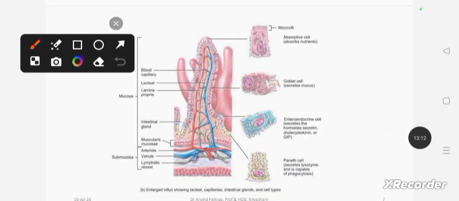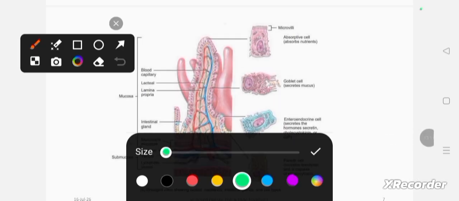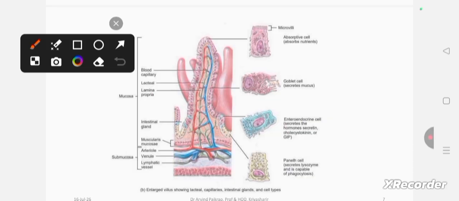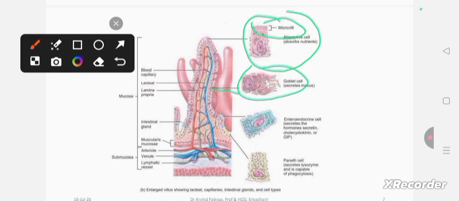Somewhat of a histological part here. These are the villi. One cell over there is the absorptive cell, which is a columnar cell. You can see how the villi and microvilli appear over this enterocyte, which is known as the columnar cell. Next is the goblet cell, which you will find here, and it secretes mucus.